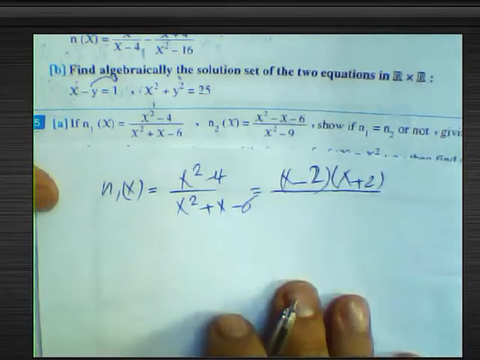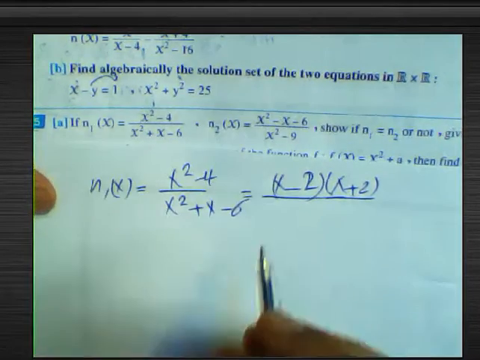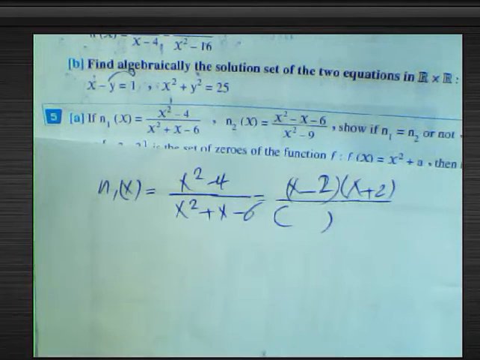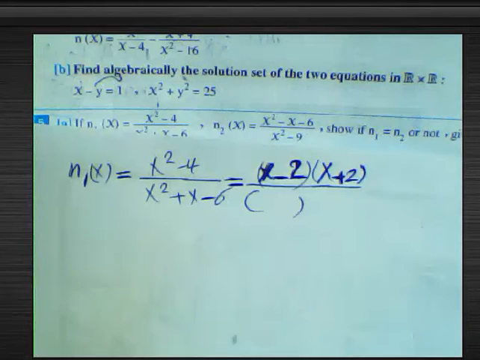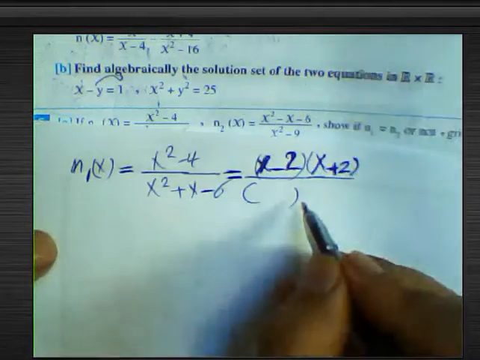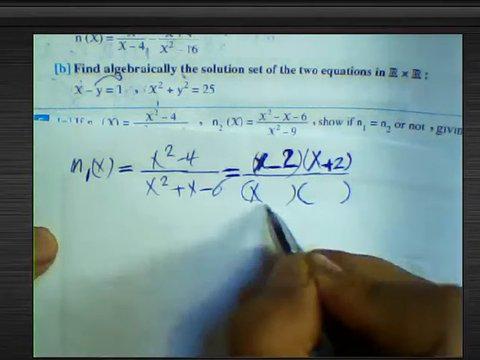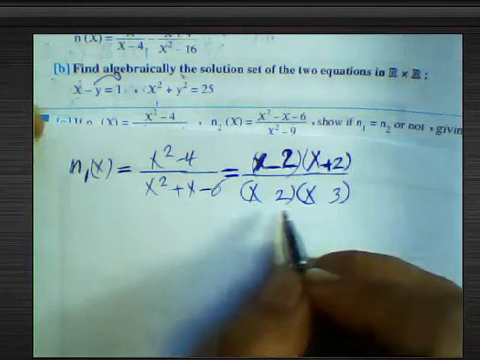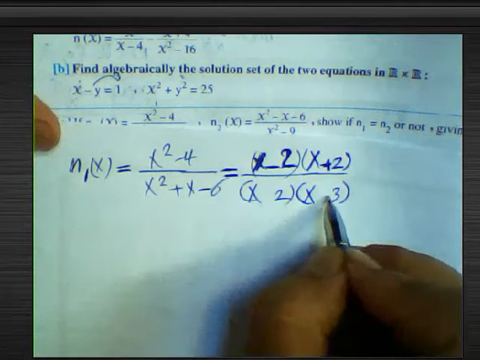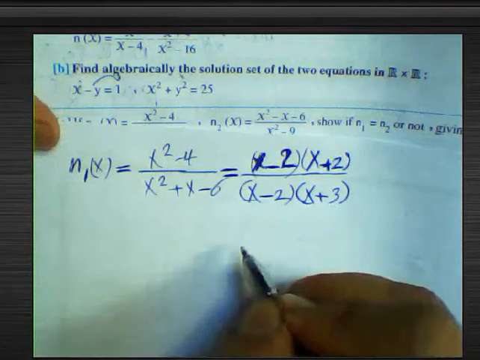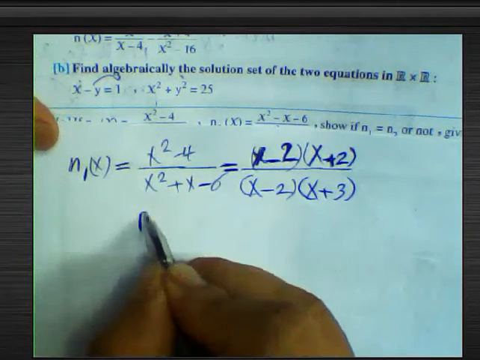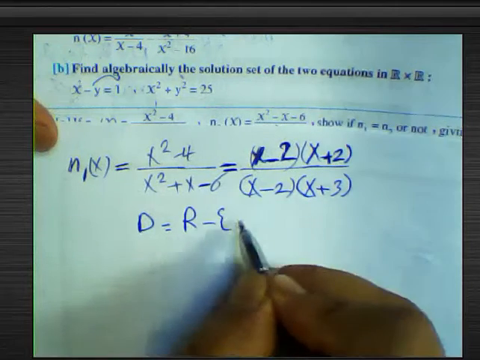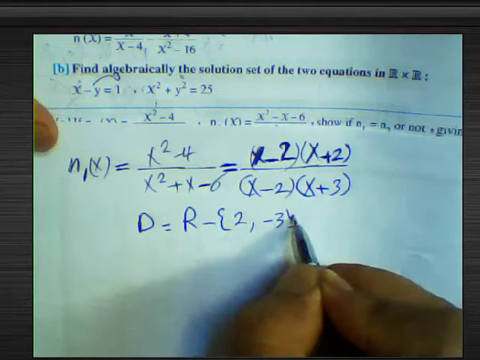And for the denominator, x power 2 plus x minus 6, we can factorize it: x multiply x, and 2 times 3 equals 6, and the difference between them equals 1. 3 will be positive and 2 will be negative. So we can write the domain equals R subtract 2 and negative 3.